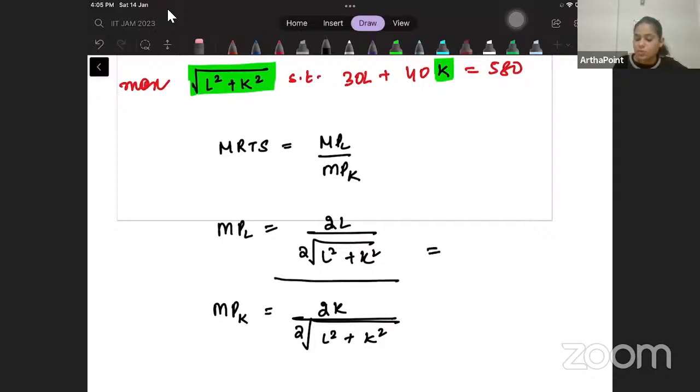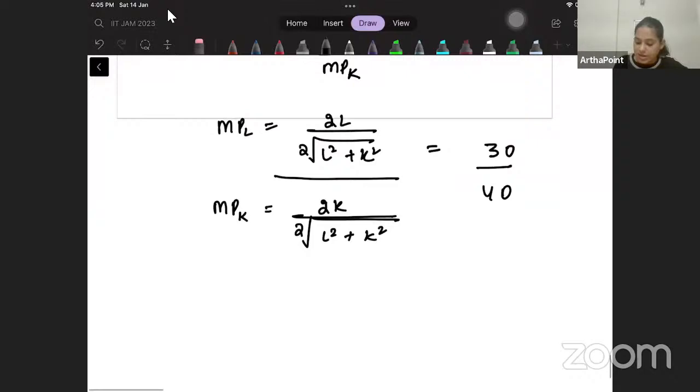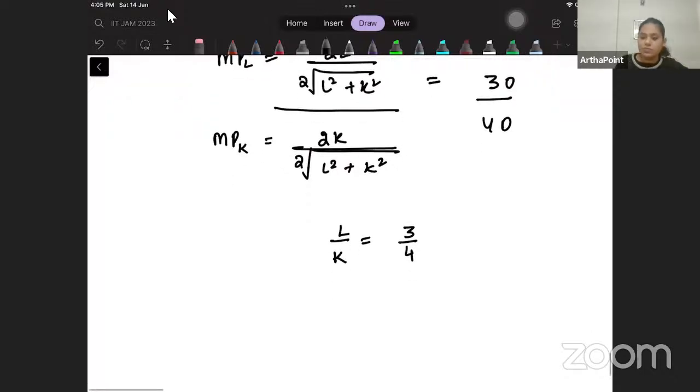Ratio is equal to W by R. W is given to me as 30 and R is given to me as 40. So what will I get? I will get L by K equal to 3 by 4. So I will get 4L is equal to 3K.